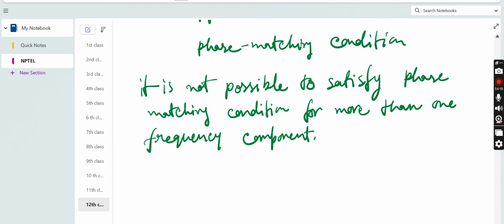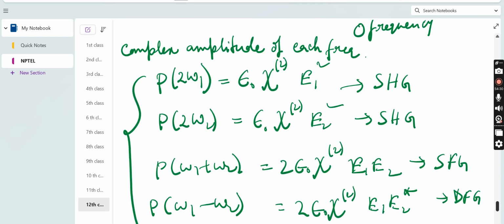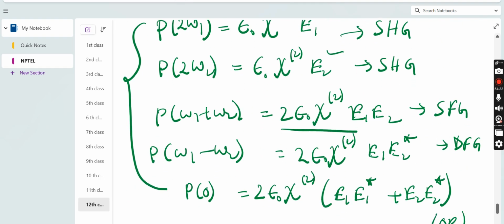So that's why only one component will be generated at a time. So here we have seen that P at omega 1 plus omega 2 has the amplitude of this.